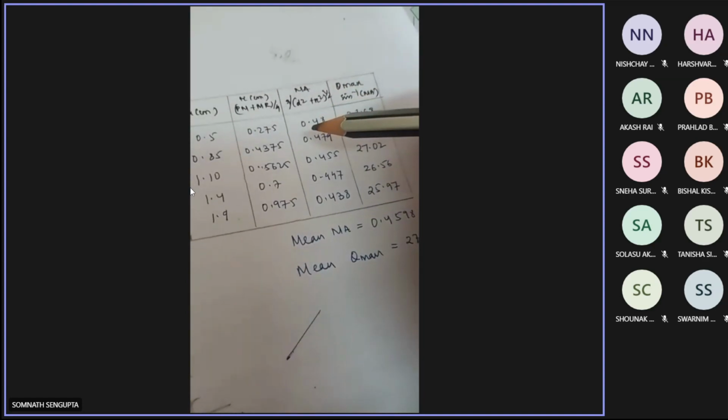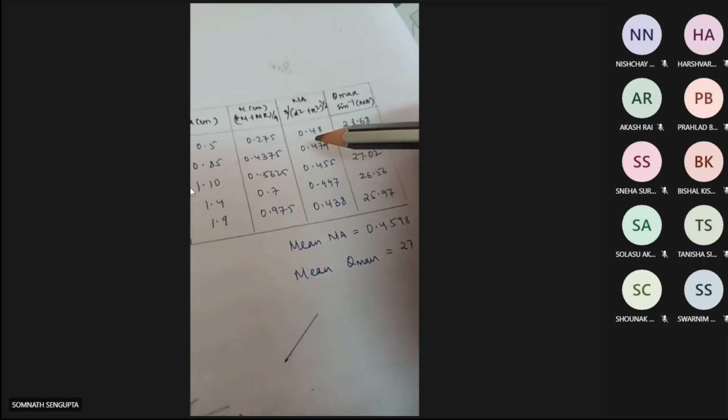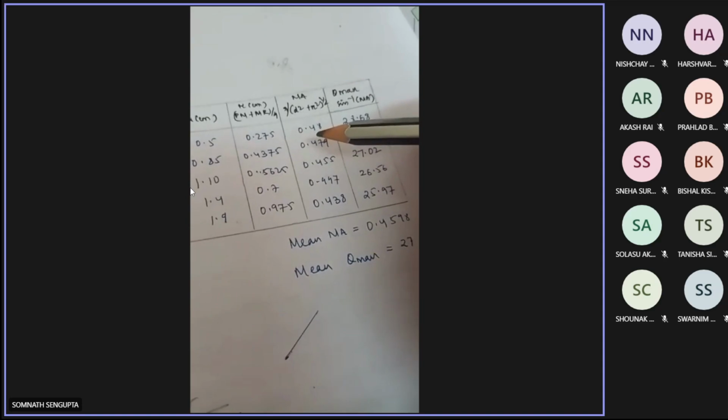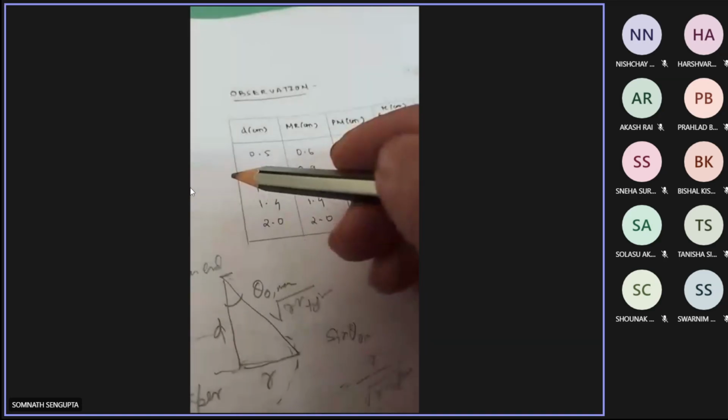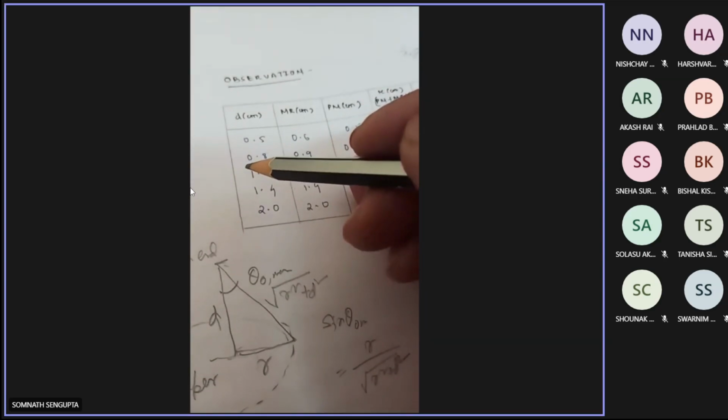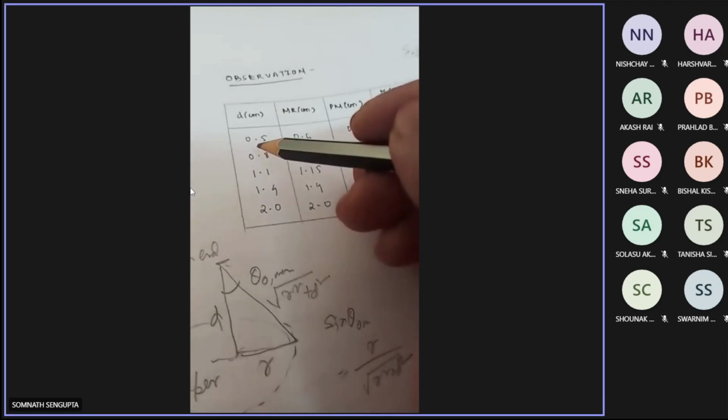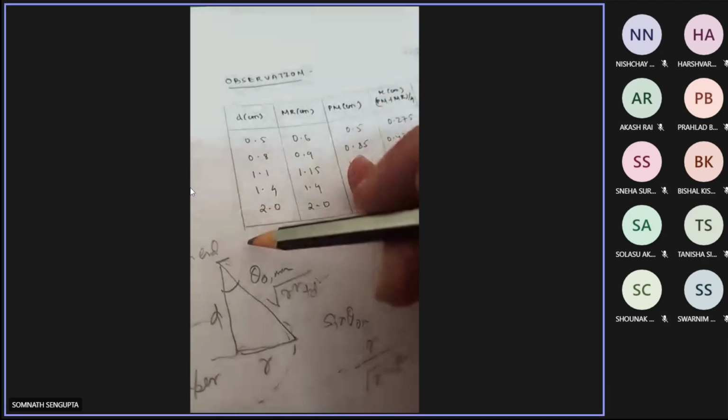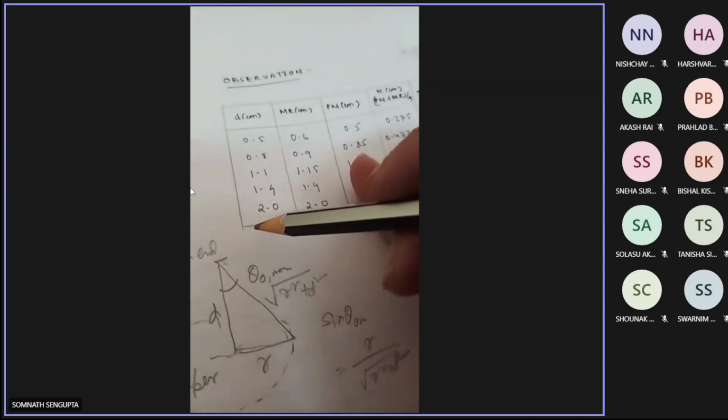So you will get different values of numerical aperture for each and every distance. Distance is what? Distance between fiber end and the paper where you are projecting the light.